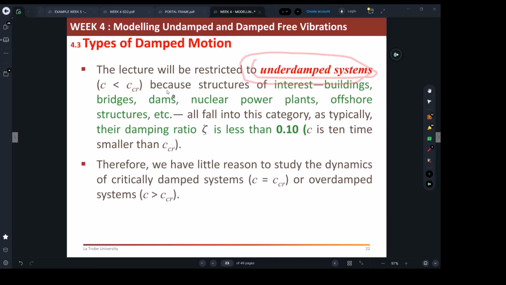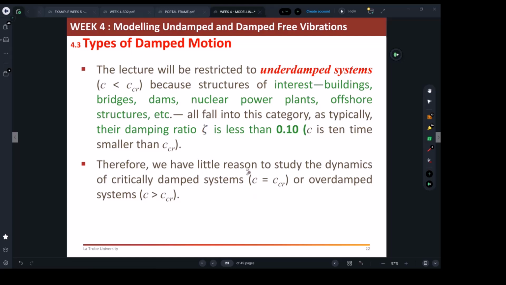Structures of interest like buildings, bridges, dams, whatever we're talking about, are typically within this range. They are typically within this range, 0.1 damping ratio. Even, as I said, for buildings which have no damping device, we can assume them to have 0.05 damping.